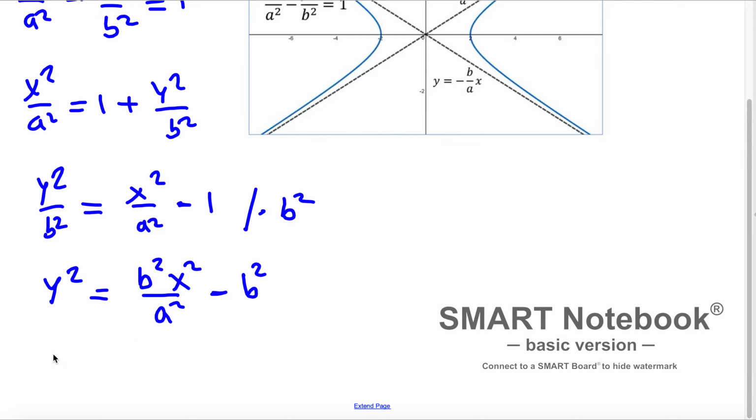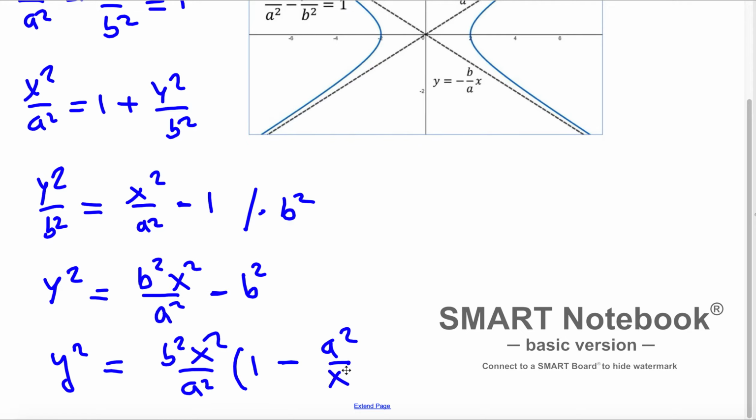If we factorize this, it is going to be b squared x squared over a squared times 1 minus, but here I have b squared. The b squared I already have, and to factorize it we need a squared over x squared, because if I multiply b squared x squared over a squared times a squared over x squared, I am going to get b squared. So I am in this situation.